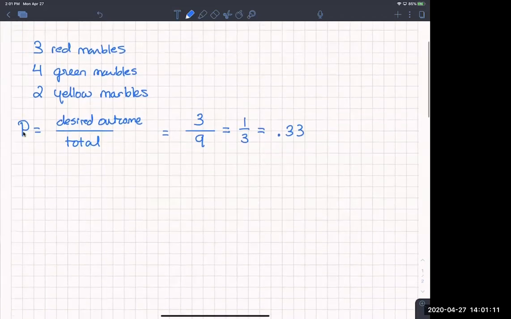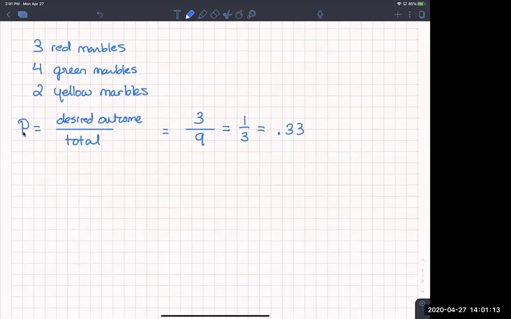So basically, whenever I give you a probability problem, you put the desired outcome over the total number of outcomes that can occur. So let's talk about a coin flip. What is the probability of getting a heads on a coin flip? 50-50. And how did you get that?